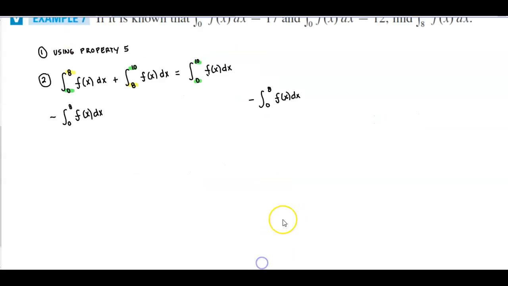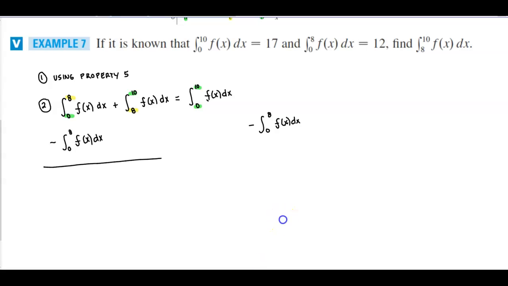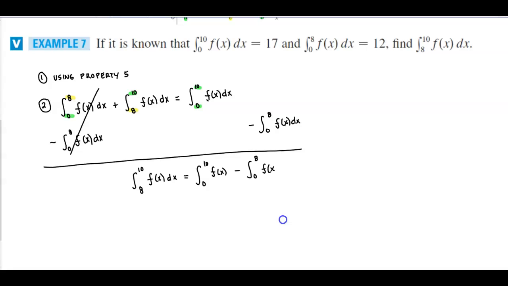Let's see what happens. When we subtract that, we eliminate it and we end up getting the integral from 8 to 10, because that's what we're looking for. And that's going to equal the integral from 0 to 10 of f(x) minus the integral from 0 to 8 of f(x) dx. And let me make sure that dx is there too.